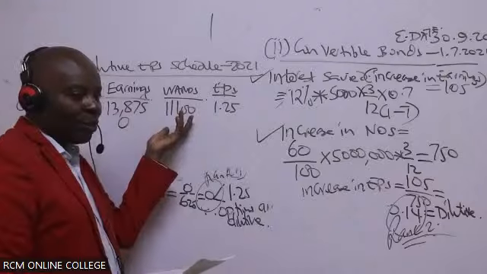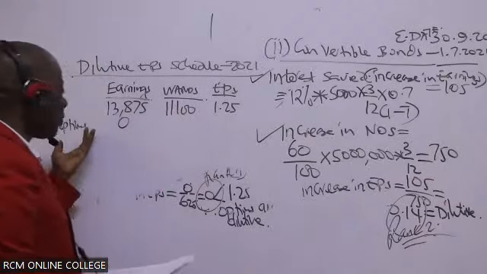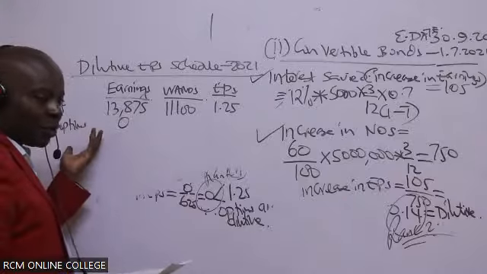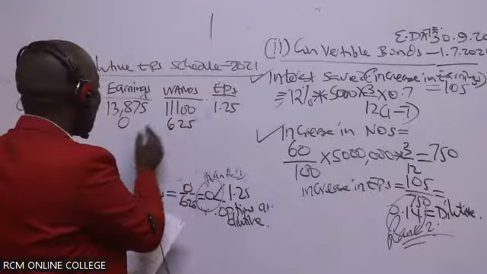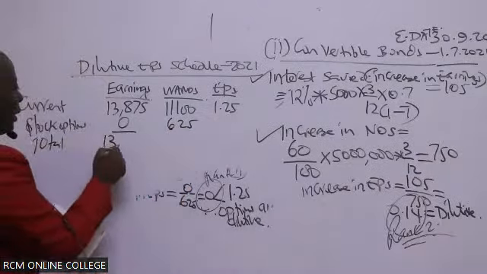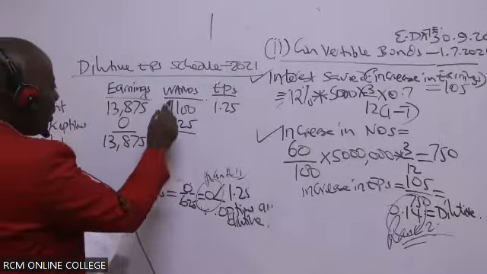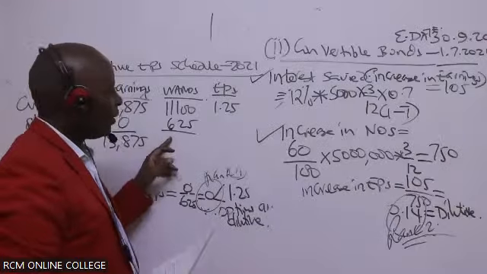Is there somebody who is able to give us the new shares coming from stock options? 625. So this gives me 13,875. And this one will give me what figure? 11,100 plus 625. Give me the totals.